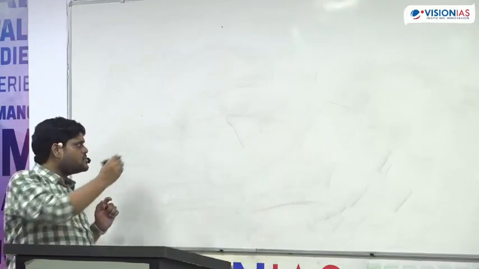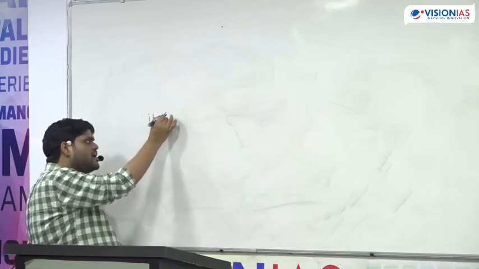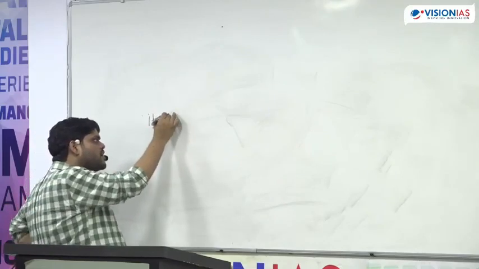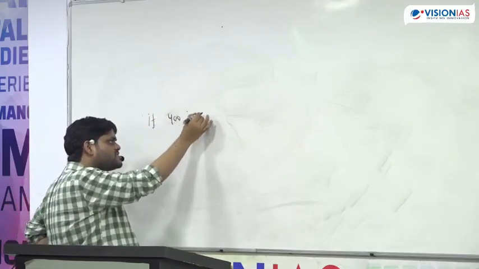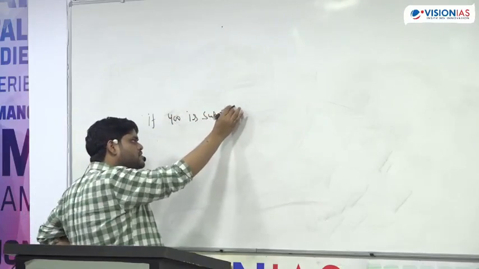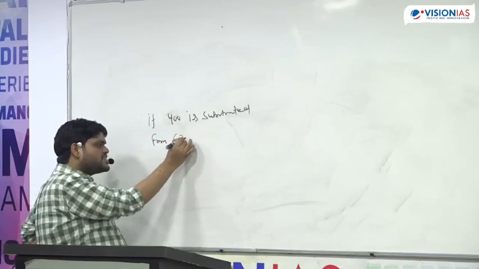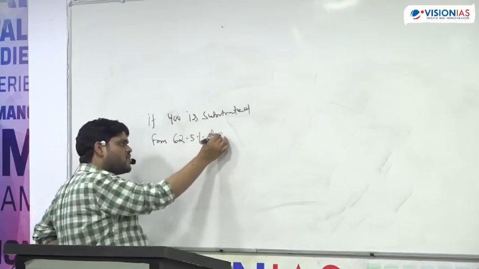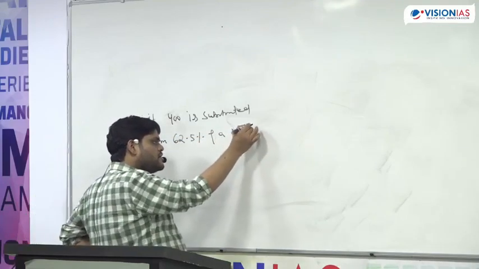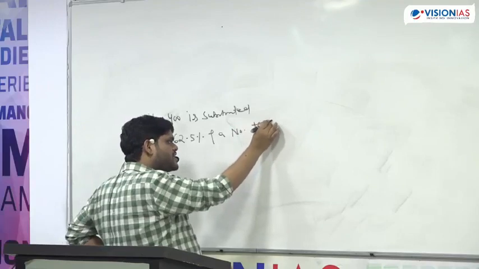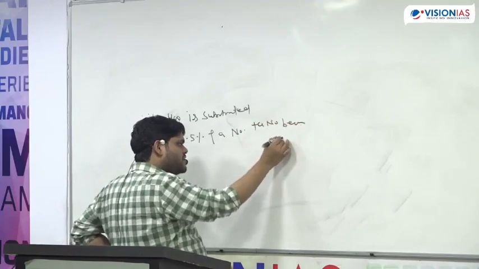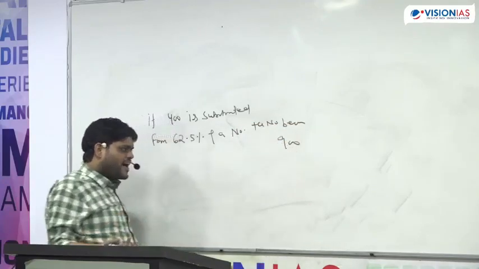The question was, if 400 is subtracted from 62.5% of a number, the number becomes 900, if I remember correctly. Find the original number.